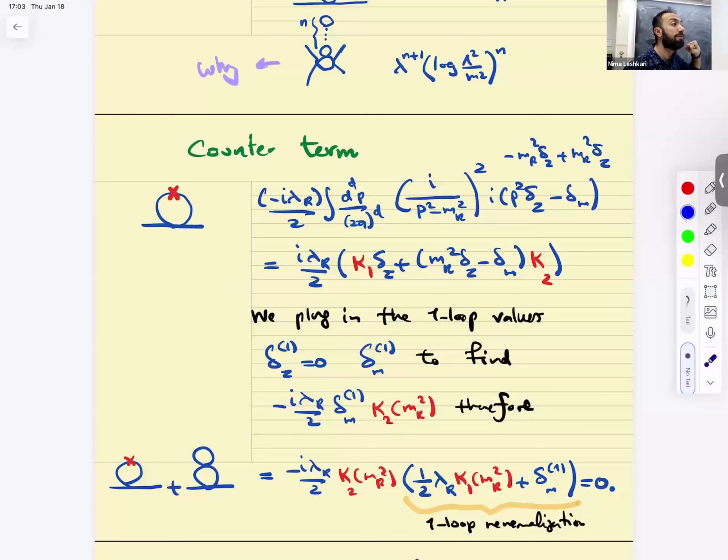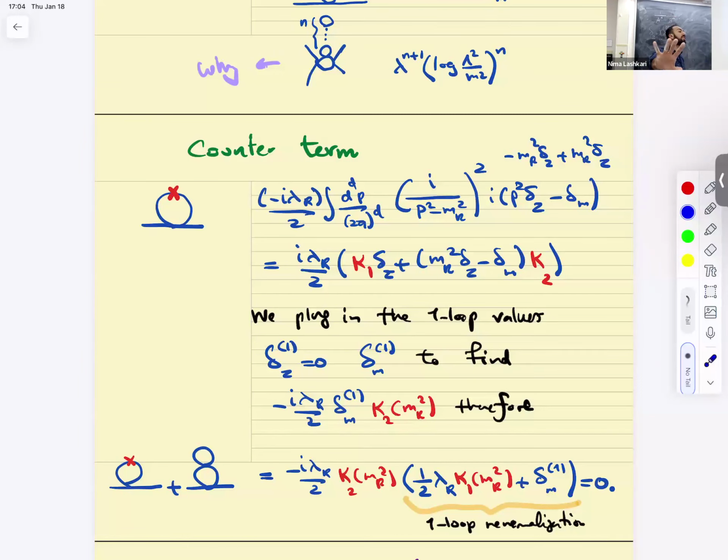I'll give you an example of a setup where you have a counter term of that type. The principle is, you have to go back to the principle. You had this action, you just expand it and treat counter terms as interactions.